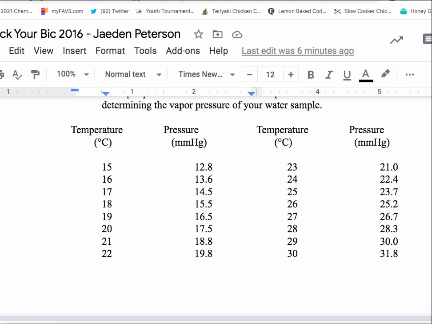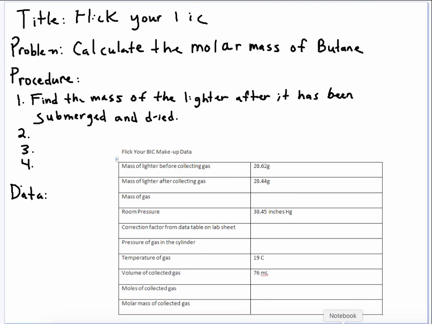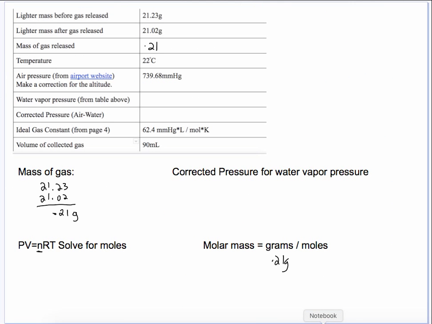You can see that right there. That's where we get the corrected value, so we're going to write 19.8 right here. That's the vapor pressure of water.